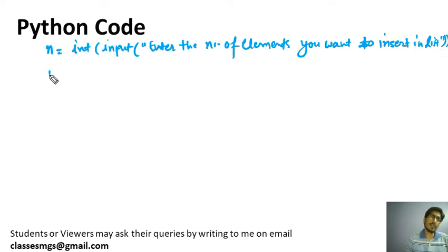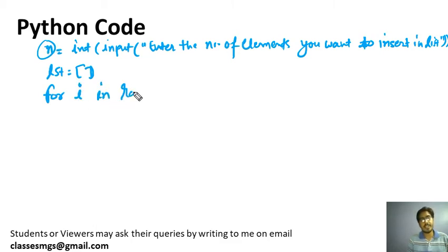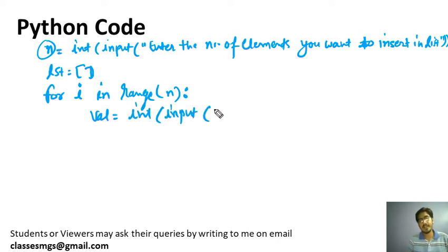Then we will create a list variable that will be blank. Initially a blank list can be created using this. Now we will use the for loop to insert the n values that the user wants. So for i in range, I will pass this n here, and we will take an integer input from the user: enter value to insert in list.